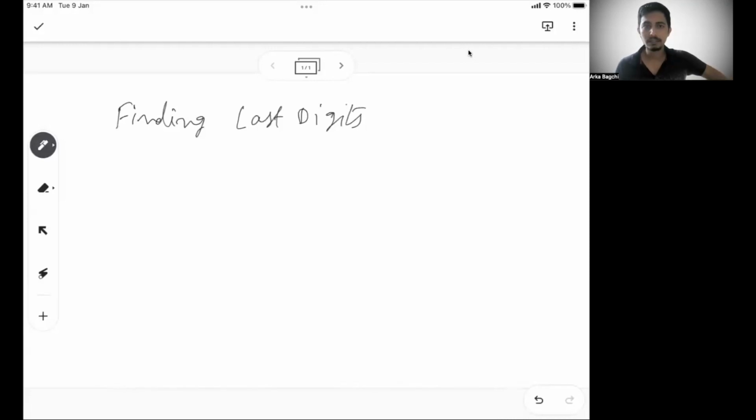For finding last digits, you may have seen a lot of problems like, let's say, 7321 to the power 567. What is the last digit of this number? This is a very common type of problem that comes in CAT or any other MBA entrance exams. I have seen this in NMAT, IFT, and to some extent SNAP as well.